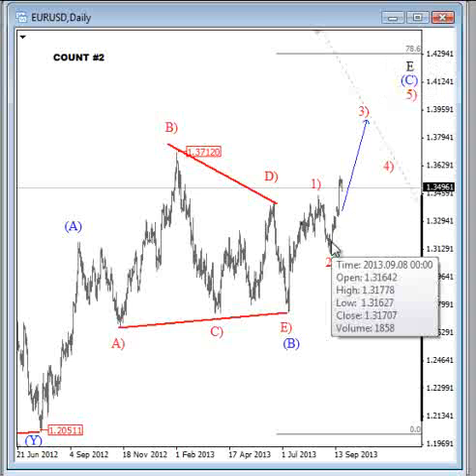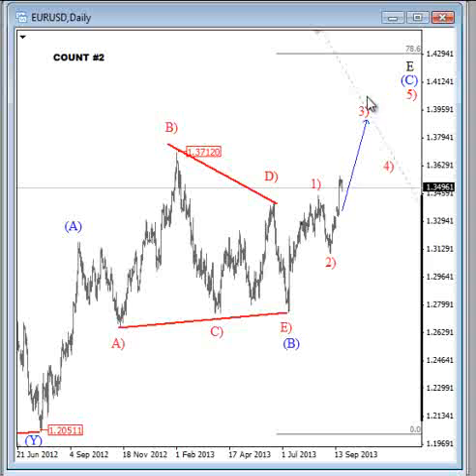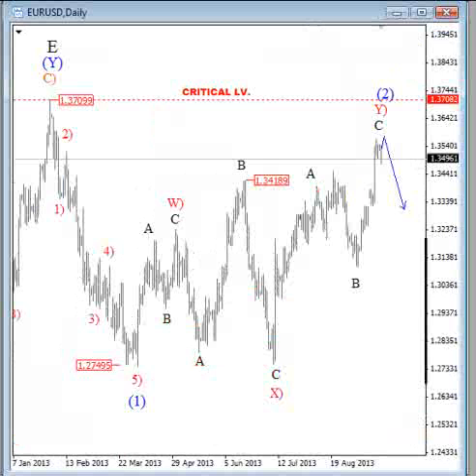And if this count is correct, then we are now in wave 3, and we know that wave 3 is typically the strongest wave, so there will be plenty of room for euro dollar to move to the upside. On the other hand, if euro dollar reverses lower from here and breaks this support, then this wave count would become invalid. In such case of course the bearish wave count will come into play.